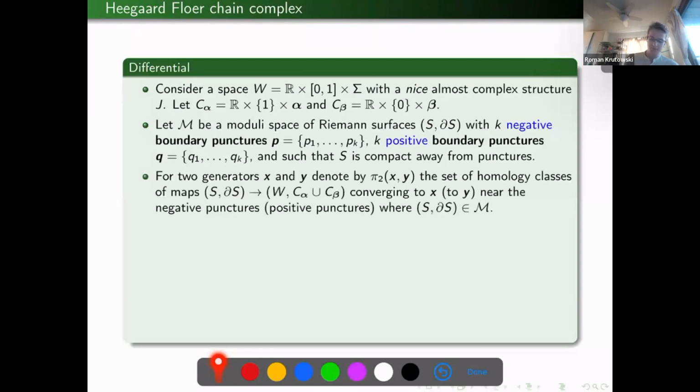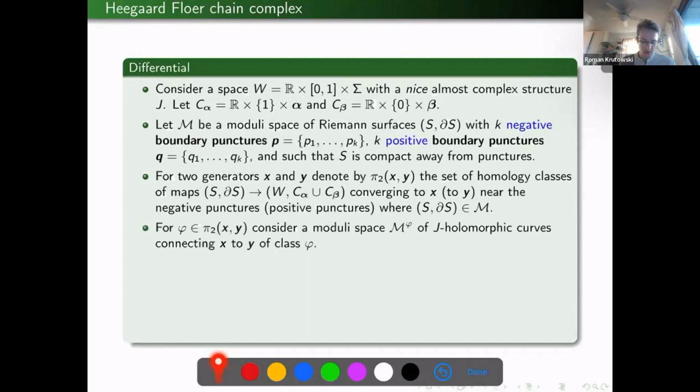We consider first homology classes of maps from such Riemann surfaces to the pair of this four-dimensional manifold and the union of these two cylinders, such that it converges to x near the negative boundary punctures and to y near the positive boundary punctures. By this, I mean for each boundary puncture, there is a point in the collection which it converges to.